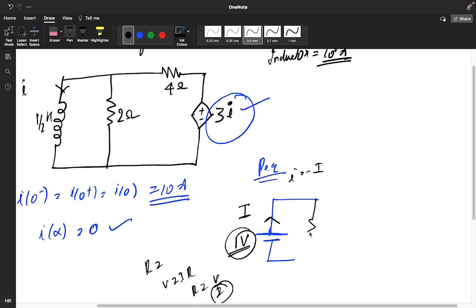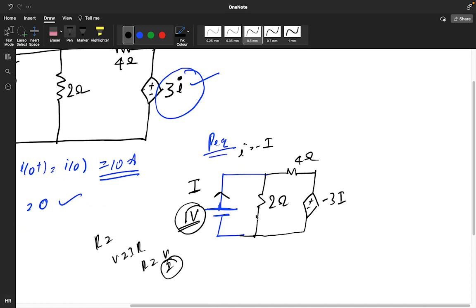This is my 2 ohm. This will be 4 ohm, and this particular will be positive, negative, 3I. Okay, so solve this and get the value. Assume here 1 volt only, because this is parallel.